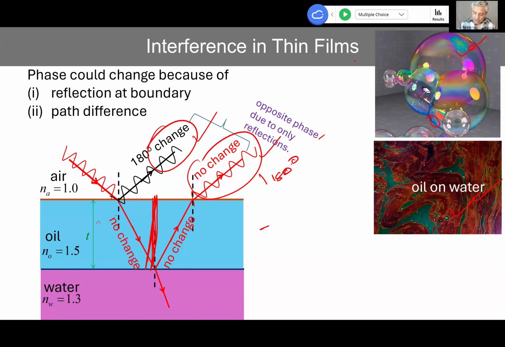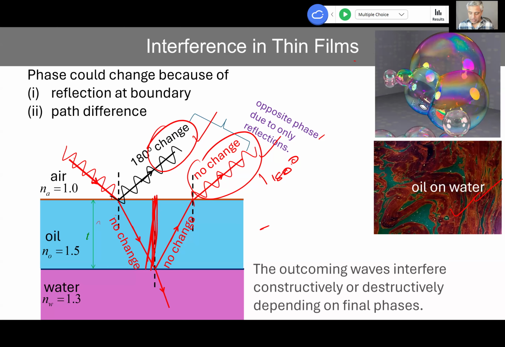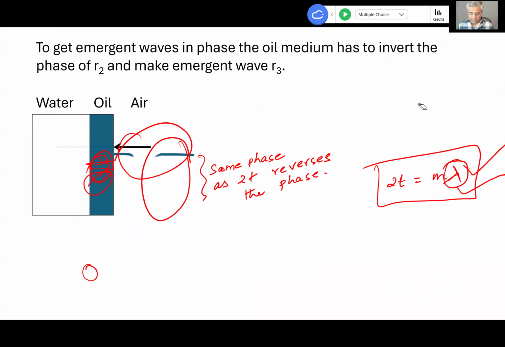There are these different colors because the thickness is different at different parts of the soap bubble. It does not have uniform thickness, so at different parts you see different colors. Now I have to go back all the way there.